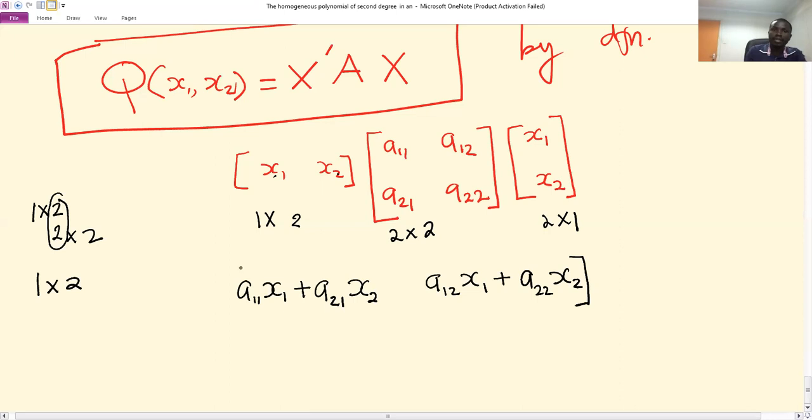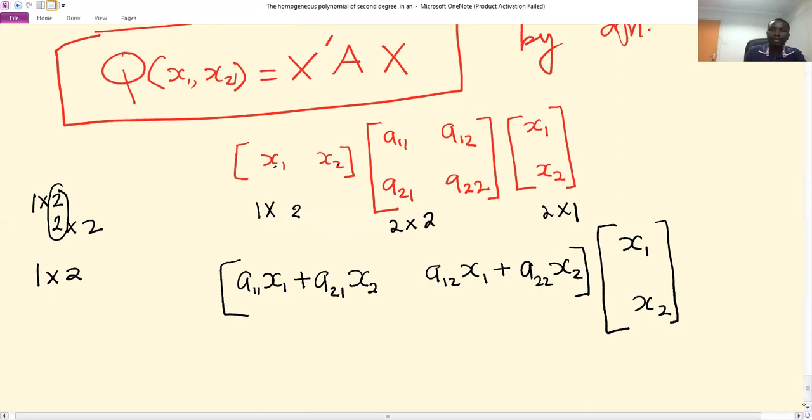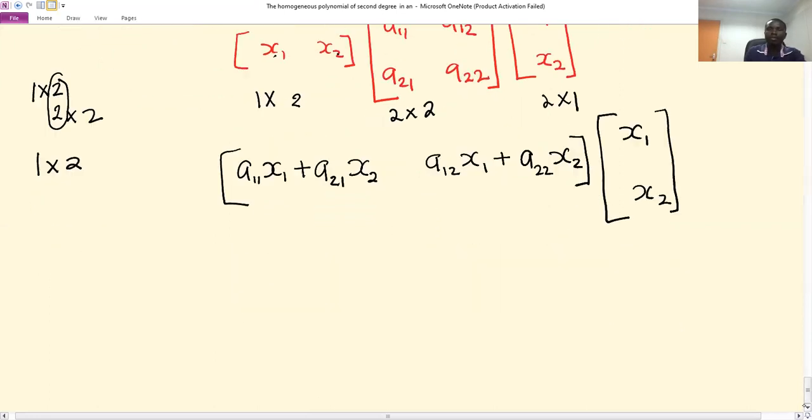So this is the matrix. And then we multiply this by x1, x2. If you have problems on multiplication of matrices, please watch the previous videos on how to multiply matrices.